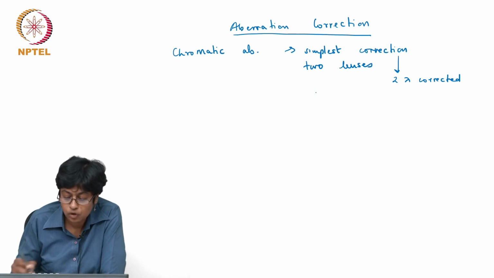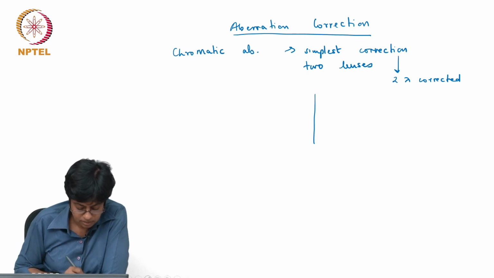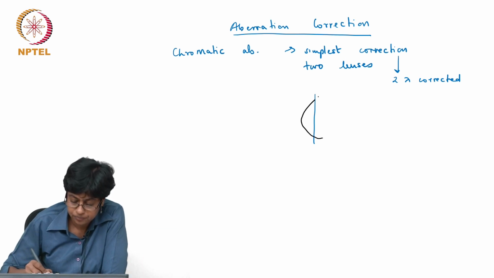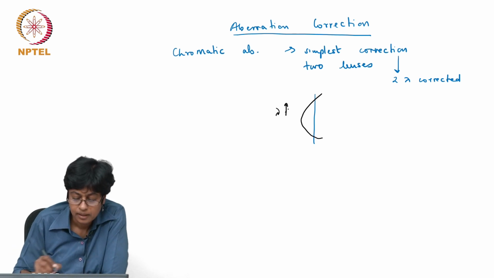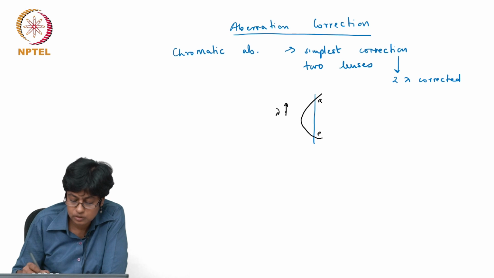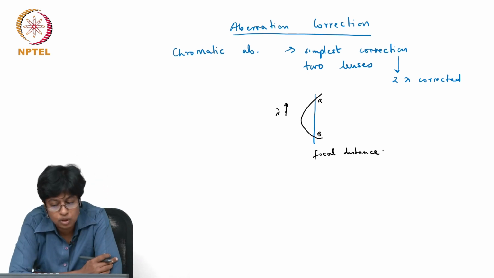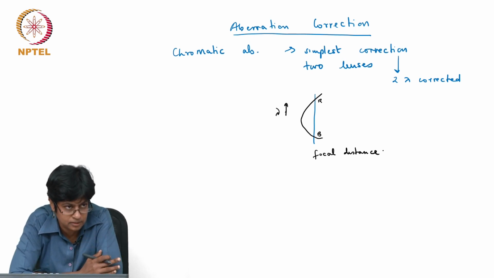Now, one way of looking at that was the curve we had on the previous slide, where it's corrected something like this. So this was lambda, this was red light, this was blue light, this was focal distance. Even though we said there is aberration correction, the correction was only for 2 wavelengths.